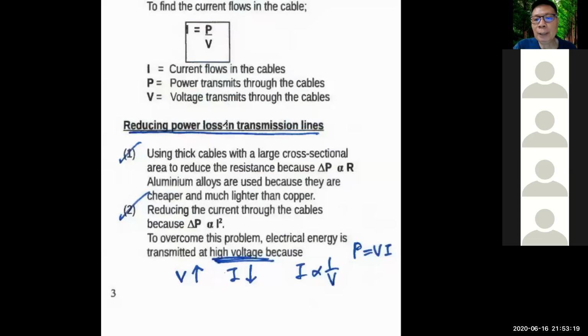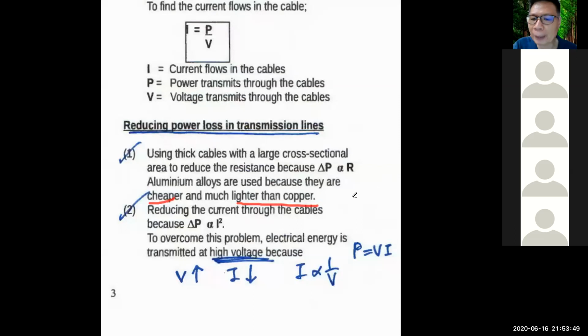Reducing power loss in transmission line. Highlight this, I can tell you this part showed up in the SPM. Using thick cable with large cross-section area to reduce the resistance, because power loss is directly proportional to the resistance. Highlight, I told you aluminum, right? Aluminum alloys are used because they are cheaper and lighter than copper.